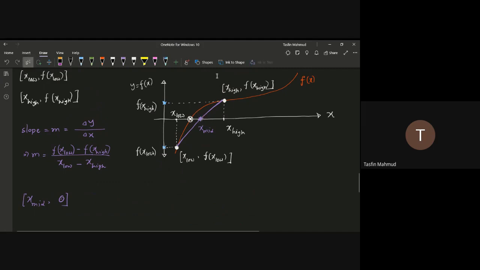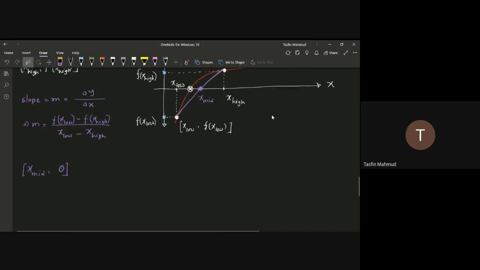And the other coordinate is x high comma f of x high. So if we consider these 2 points and calculate the slope once again, let's calculate the slope using these 2 points.